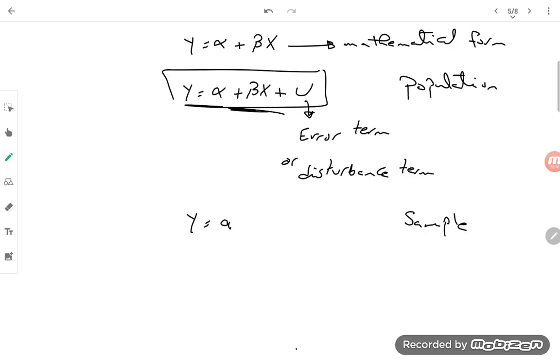So alpha is the parameter for the whole population, while a is for a sample of the population, plus b instead of beta, x plus e, where a and b are the estimated values of alpha and beta, and e is the residual or the estimated value of the error term.